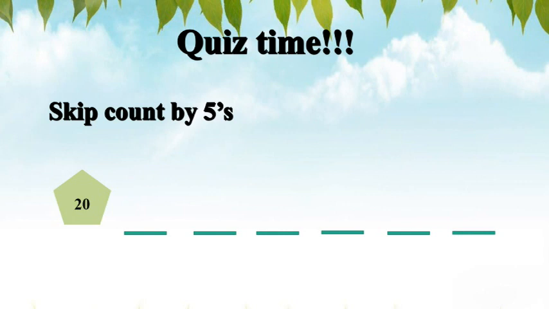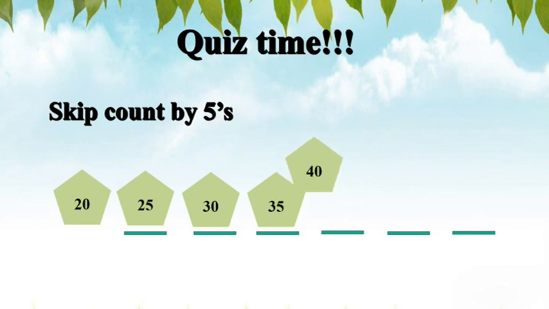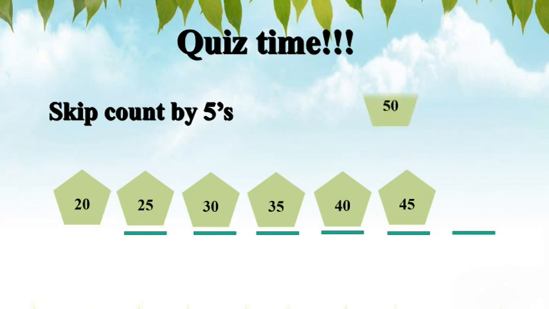Okay, shall I start? Okay, the first number is 25. Second number is 30, 35. What could be the next number? Yes, 40 and 45, 50. Yes.